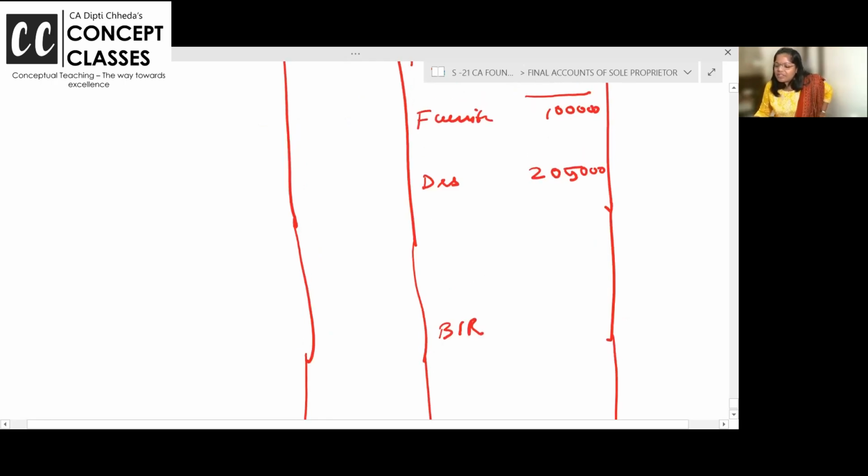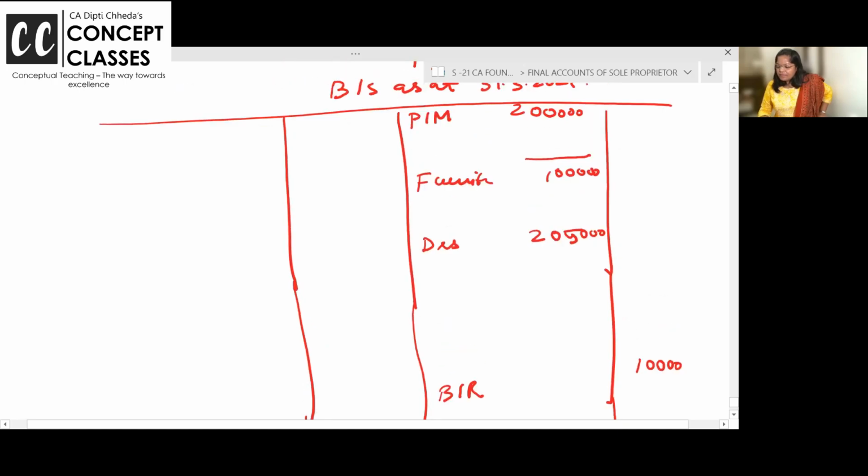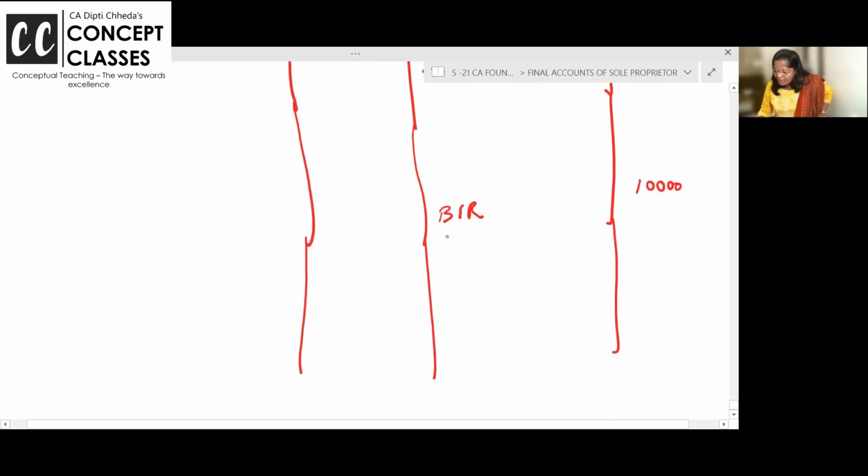There are 2-3 adjustments. And then we have bills receivable 10,000. Then we have 12% investment, 50,000.